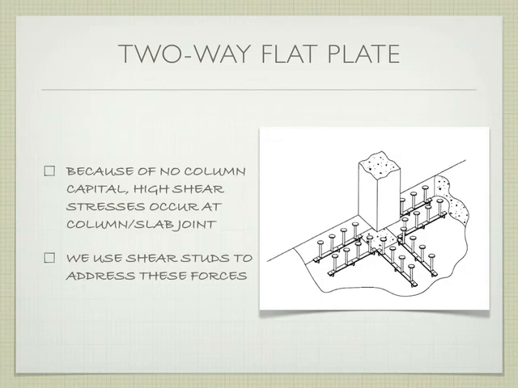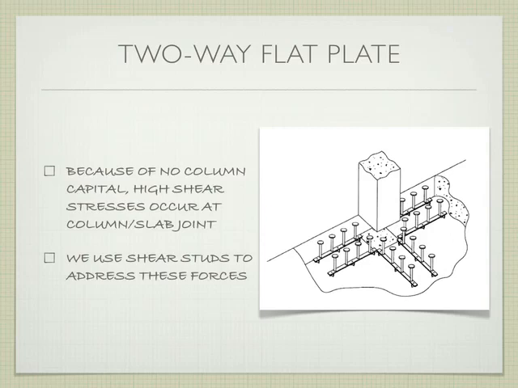Okay. Because there is no column capital in this two-way flat plate system, we have a lot of what's called shear stress right at the joint between the column and the slab. And there's not a lot of concrete in between those two. So we use this special thing called shear studs that help to transfer the stresses in the slab down into the column.